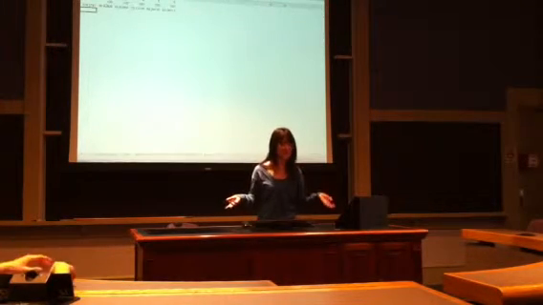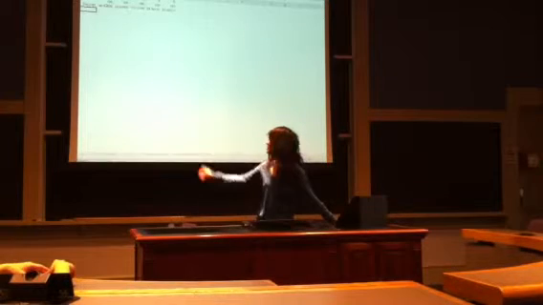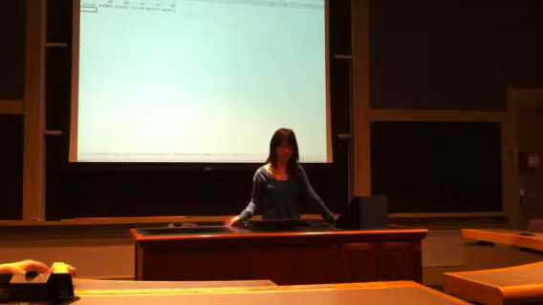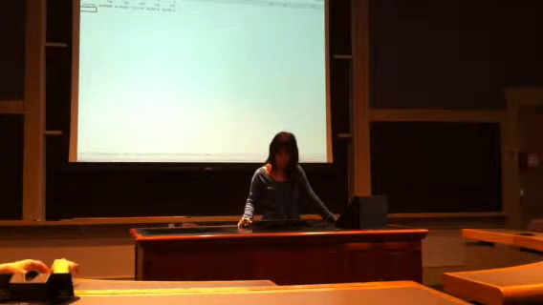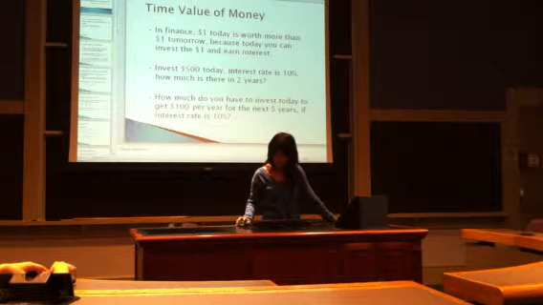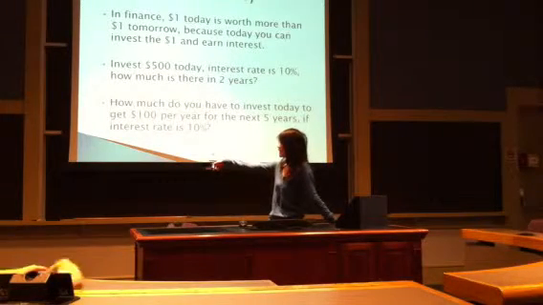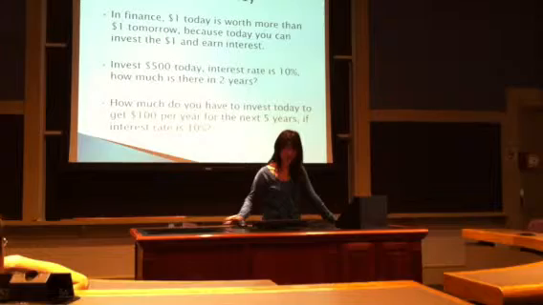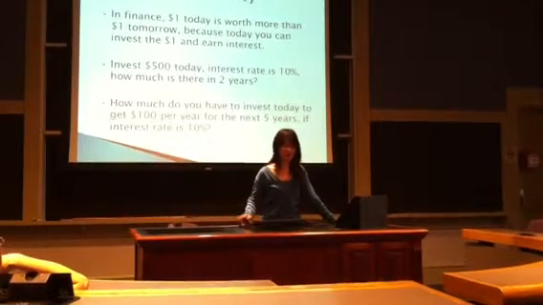So this will be less than $500, like the sum of the $100 directly, because you discount money back using the interest rate. So the sum of all these $100 amounts discounted back will be called the present value of all the cash flows.